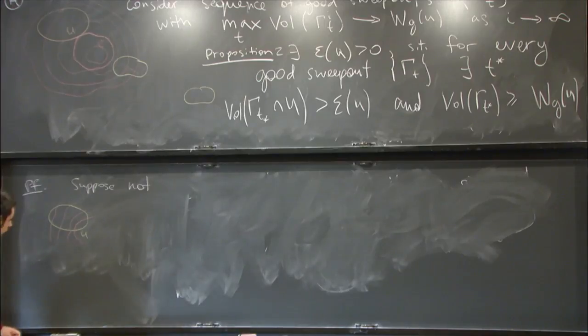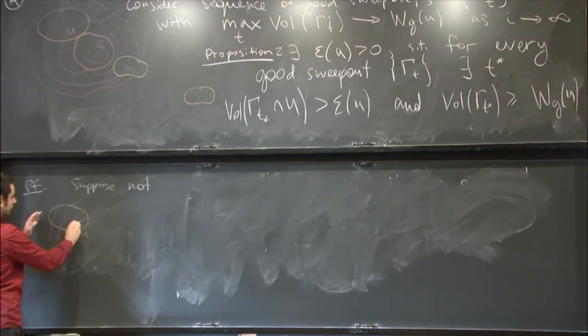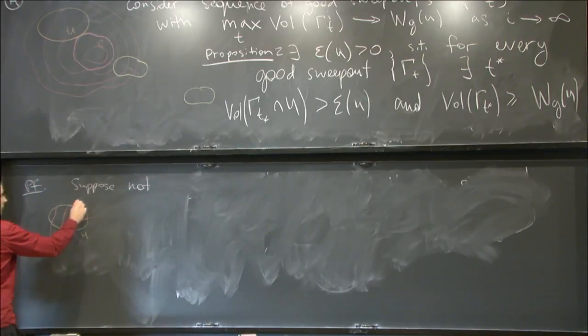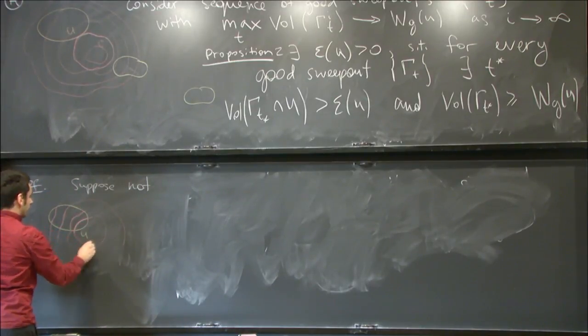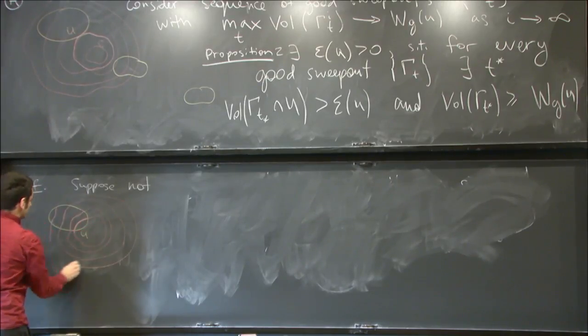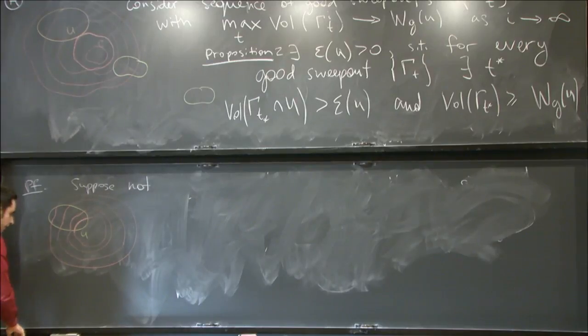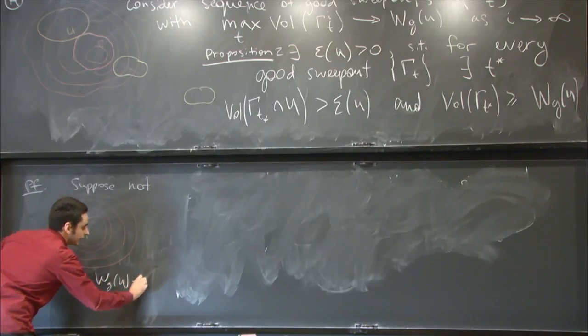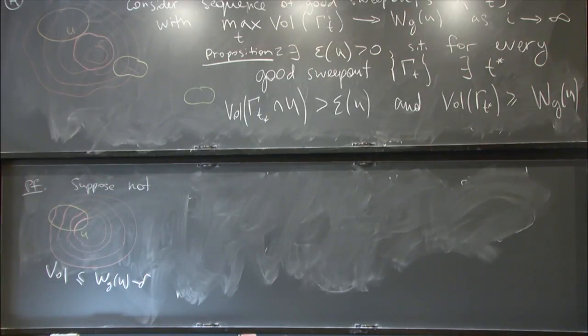By hypersurfaces, and we notice that the ones that intersect U in a sufficiently large area all happen to be submaximal. So all of these hypersurfaces have volume less or equal than Wg of U minus delta, just slightly below.